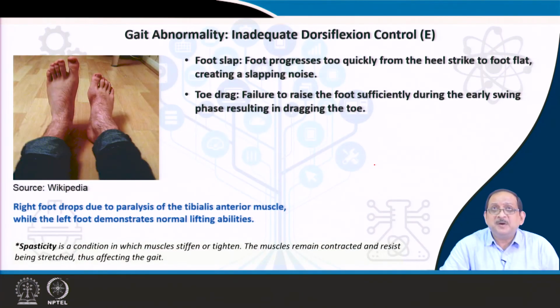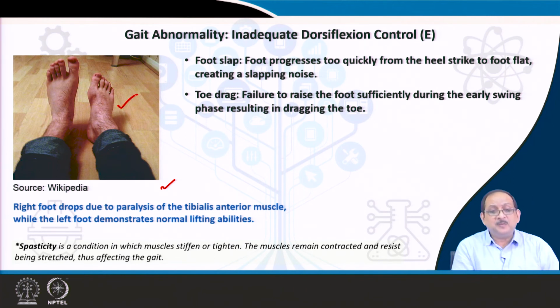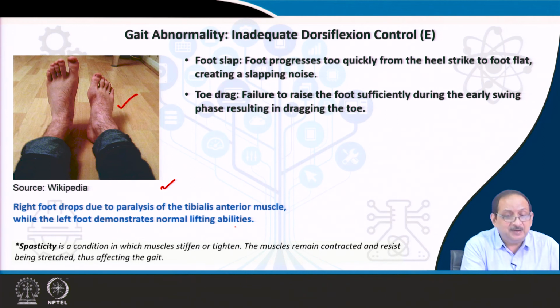Let us discuss another form of gait abnormality due to inadequate dorsiflexion control. On the left, you can see a figure. Here, the right foot drops due to paralysis of the tibialis anterior muscle, while the left foot demonstrates normal lifting abilities.